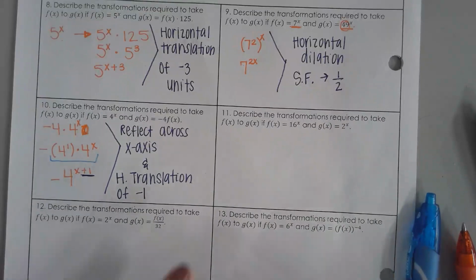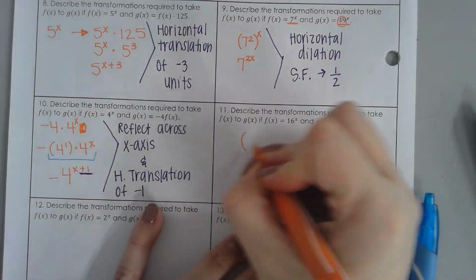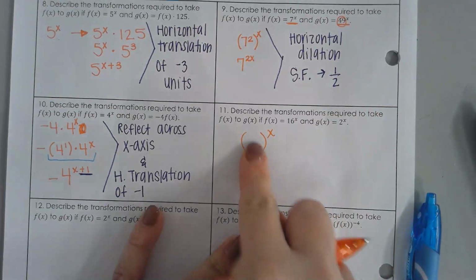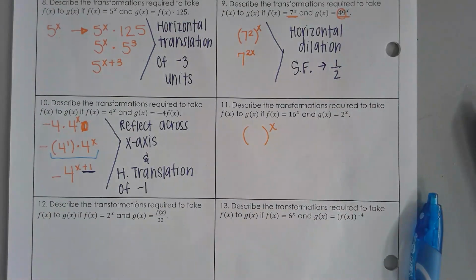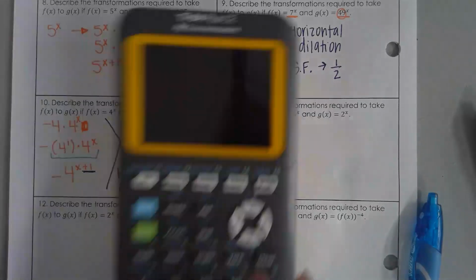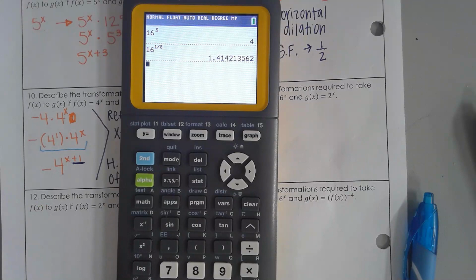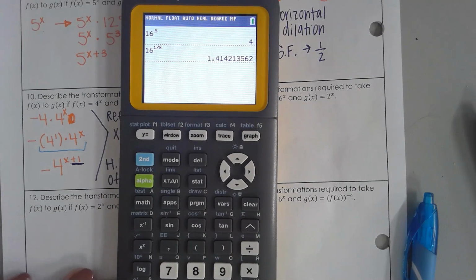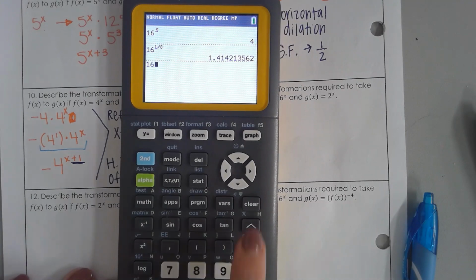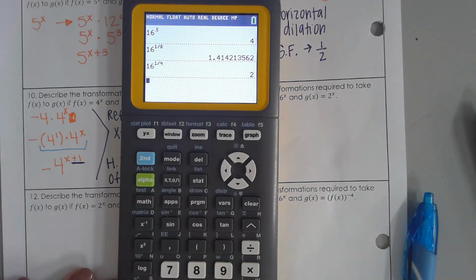Okay, so 2, I've got to write that to change it to have a base of 16. 16 to what power is 2? 16, let's see. 16 to the 1/8 power is not 2. To the 4th is 2.